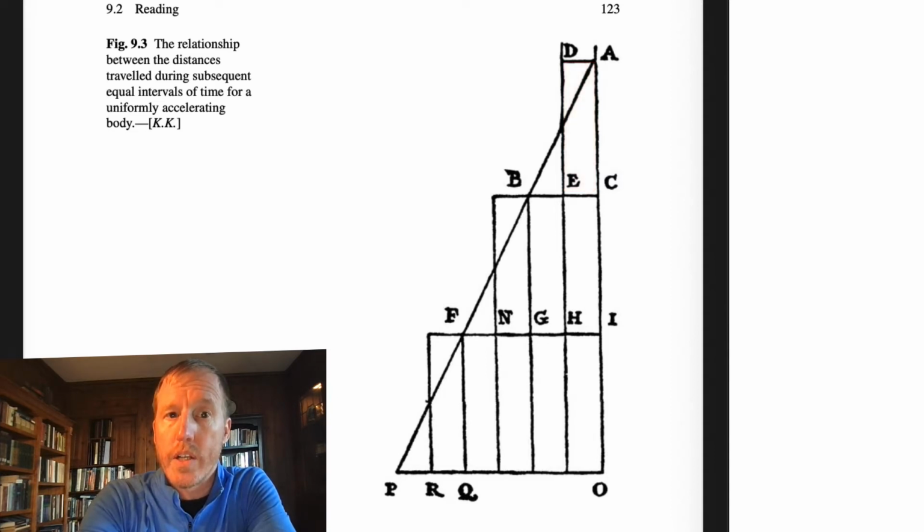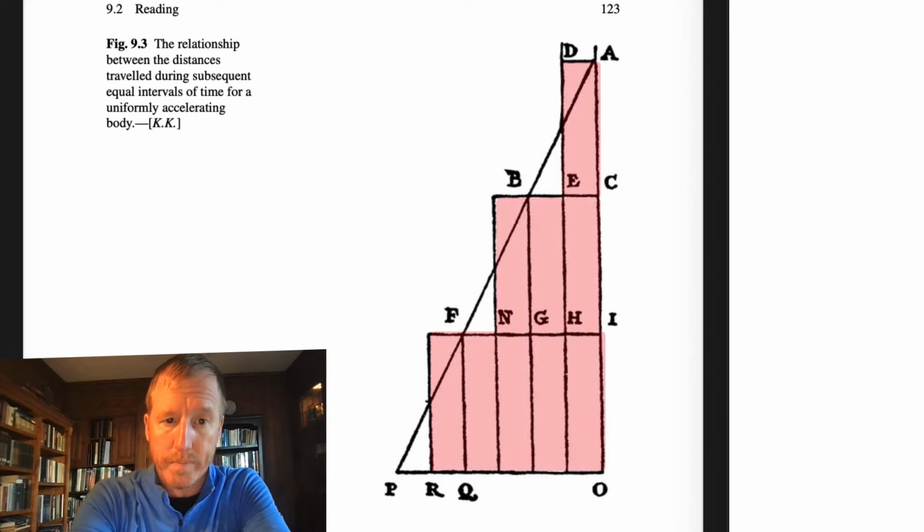Similarly, during 2 units of time, the object will have traveled a time interval represented by the line segment AI, and the distance it will have traveled is represented by the 4 rectangles, or equivalently by the area of the triangle AFI. And similarly, in 3 units of time, the distance it will have fallen would be represented by the triangle APO.